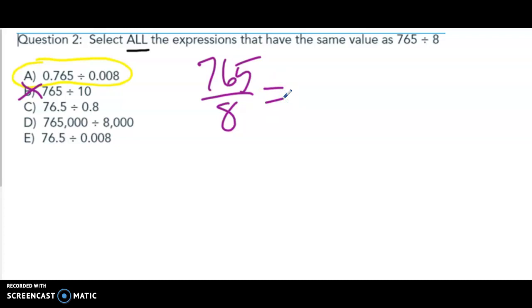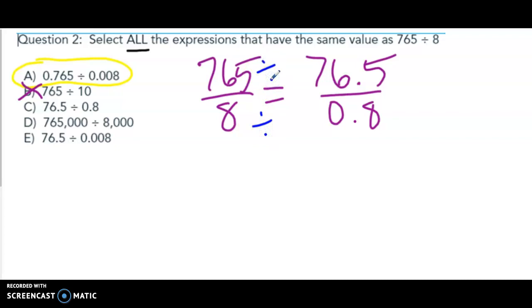Okay, same thing. Let me look at 76.5 divided by 8 tenths. Okay, did I multiply or divide by the same number? Well, if I look, I'm going smaller, so that means I'm dividing. Let's see what I did. I see that the decimal place has moved 1 place to the left. So that means I'm dividing by 10.